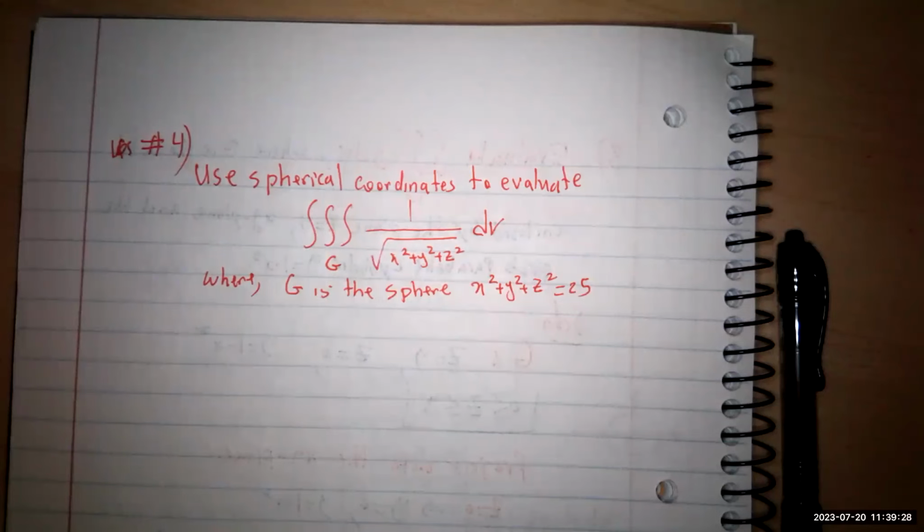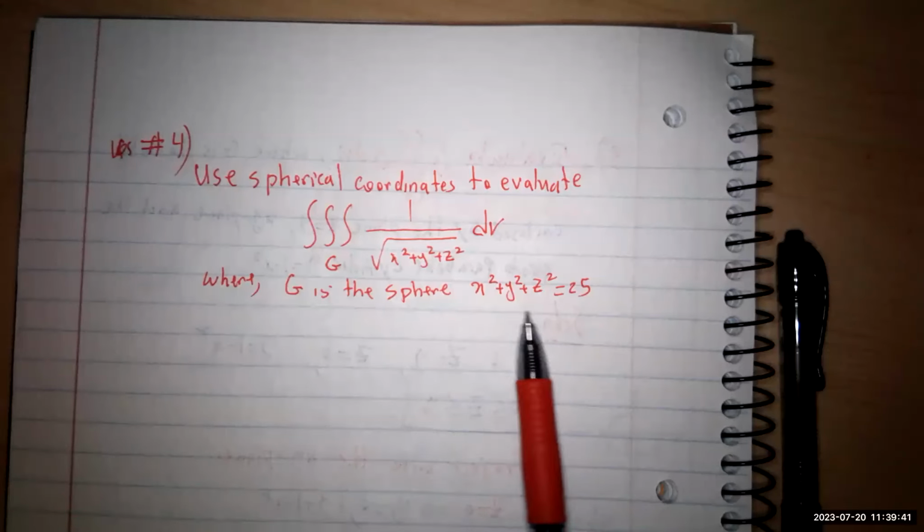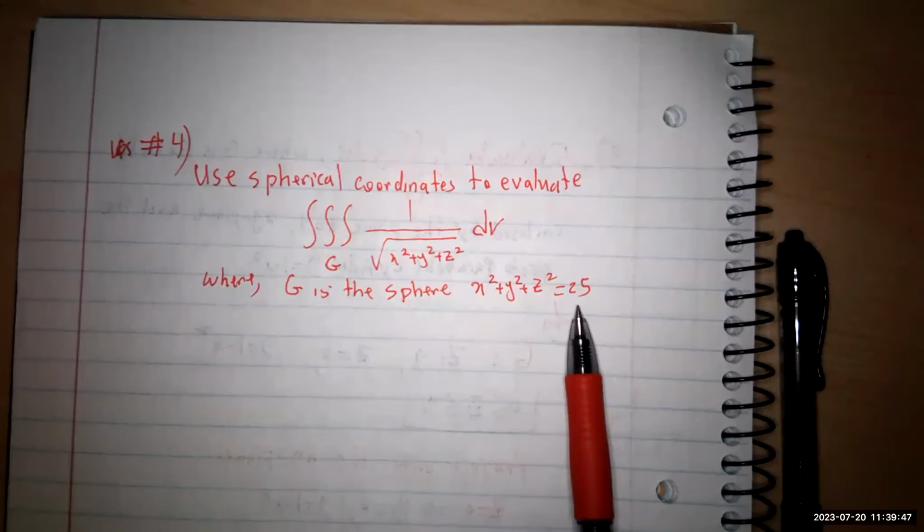Okay, in spherical coordinates, you know that you have to check the equation of your solid, the region that you have. The region is easy, it's a sphere. Since it's a sphere and the radius is 5, quickly that gives you rho. The rho would be between 0 and 5.